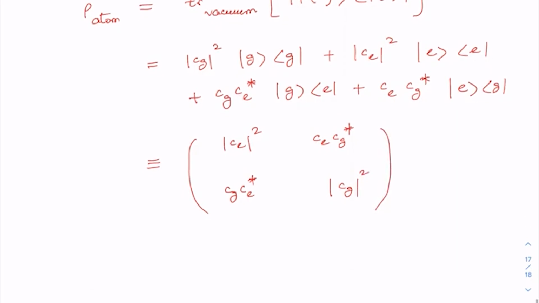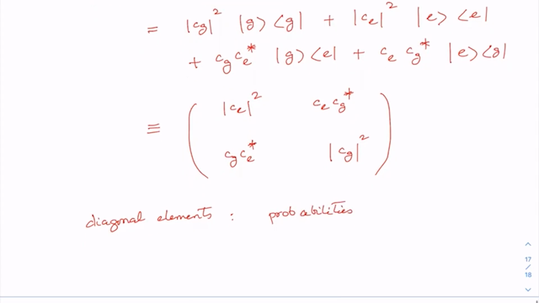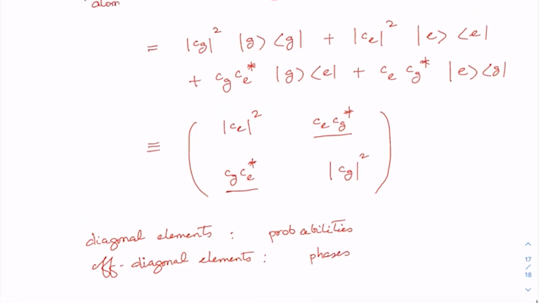Now as you can see, the diagonal elements contain information about the probabilities. On the other hand, the off-diagonal elements contain information about the phases, and this is what is actually required.